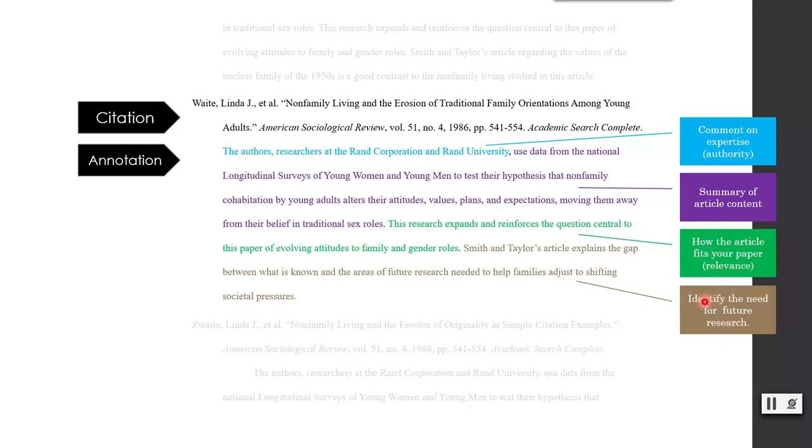These last two items are more a reflection that you bring into the annotation, and the annotation should be something that can help you. It should be a tool when you're finished, so that as you go back to your articles, the annotations are actually going to help you organize your content and complete your writing.